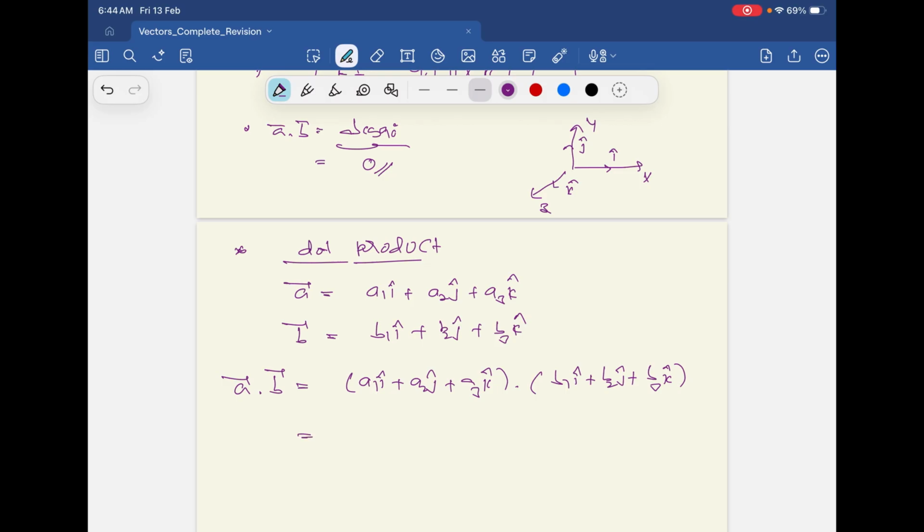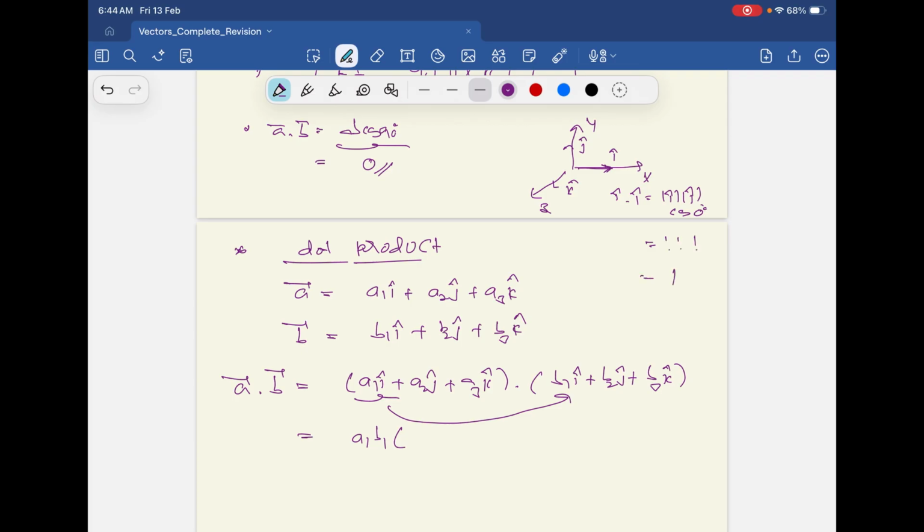So it's normal multiplication, multiply every term to the entire bracket. So A1 into B1, A1 B1, i dot i: mod i, mod i, cos theta. Any vector makes how much angle with itself? That is 0 degrees. Cos 0 is 1, so 1 into 1 into 1, that is 1.